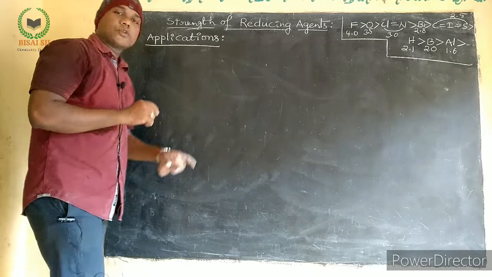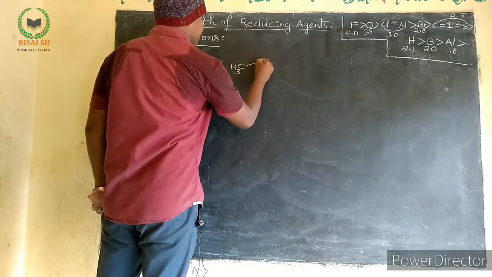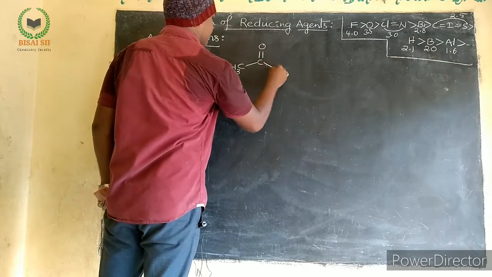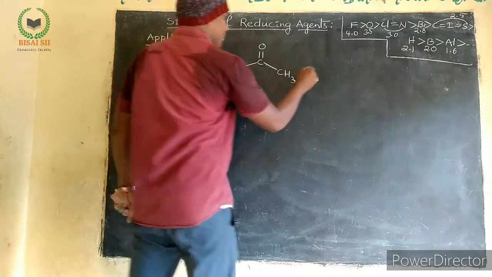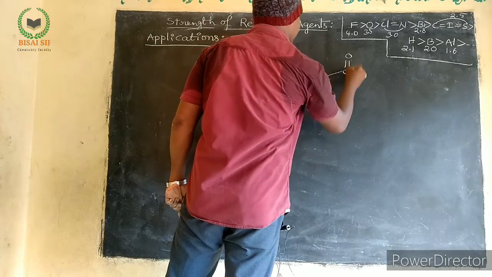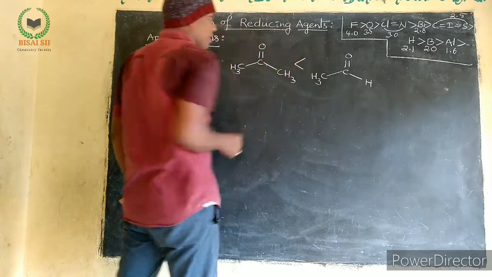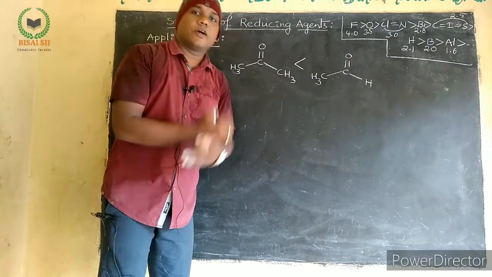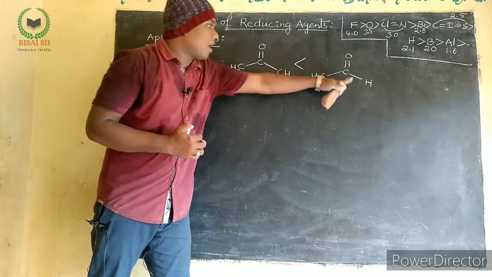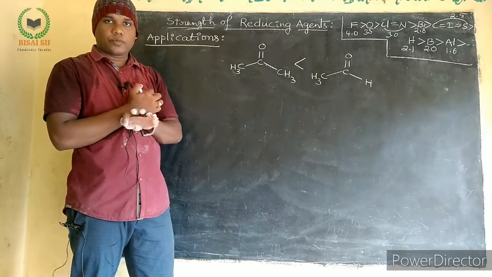Based on the keto functional group, why is the reactivity of nucleophilic addition of the aldehyde functional group maximum compared to the keto functional group?